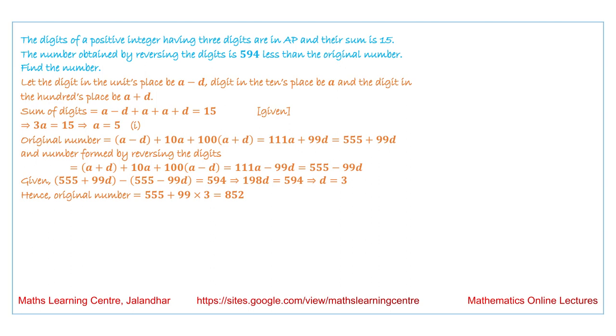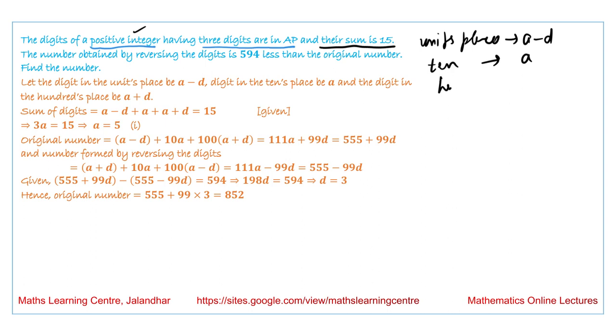Next, the digits of a positive integer having 3 digits are in AP and their sum is 15. So suppose at the units place the digit is a minus d, in the tens place it is a, and in the hundreds place it is a plus d.